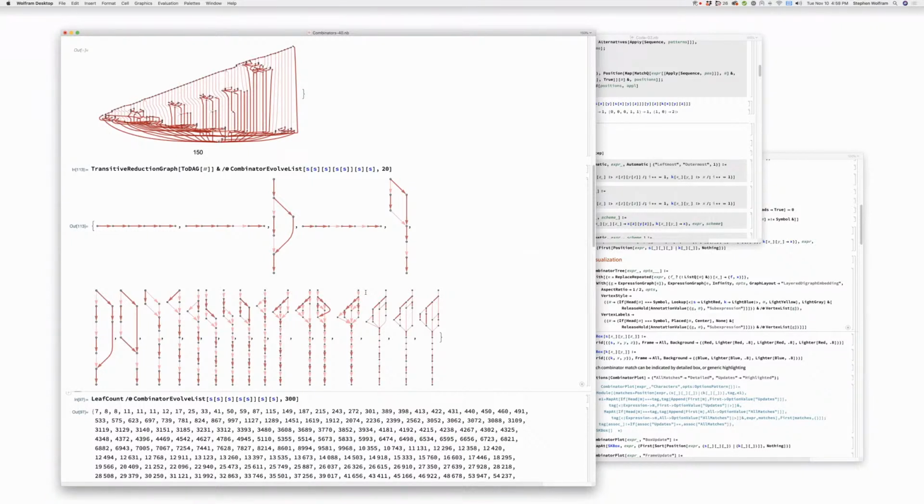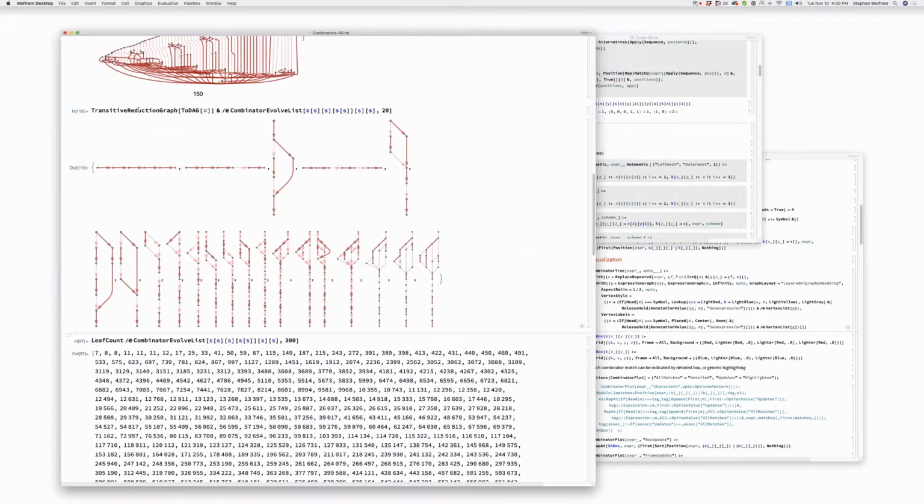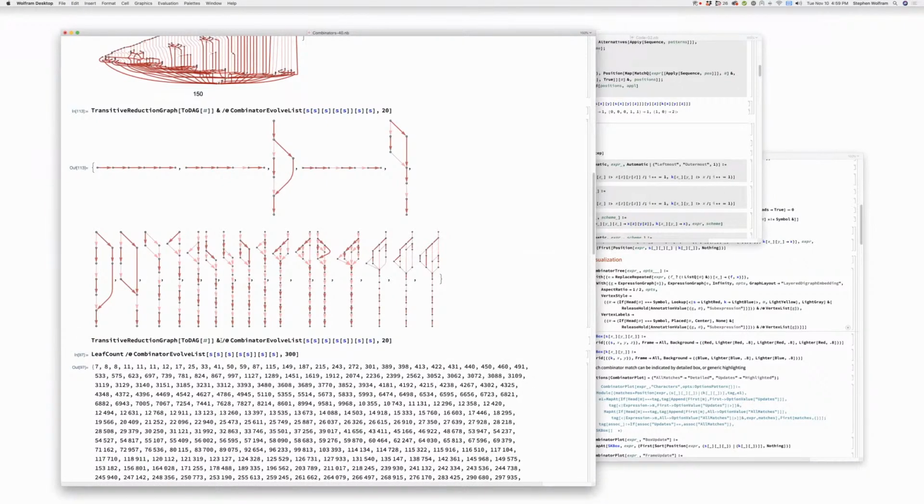This is just a data structure, which we are drawing as a graph. And it's important in the data structure which one is left and which one is right. It seems like it does give some information to see this transitive reduction. Let's see what it looks like for one of those big ones.